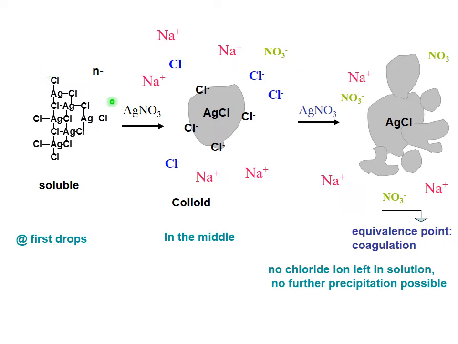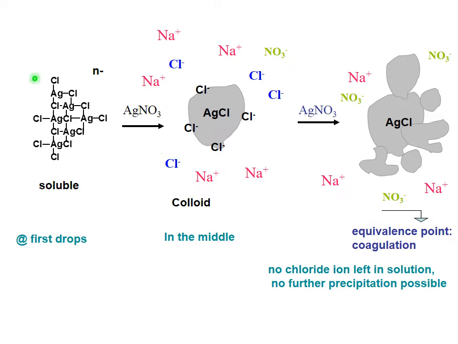Next, they start interacting, making an assembly of several AgCl units that are soluble in water. As you can see, because we have more chloride than silver, all the surface of this entity is covered with Cl-, and that's why it's highly charged. It has a high negative charge and it's soluble in water.